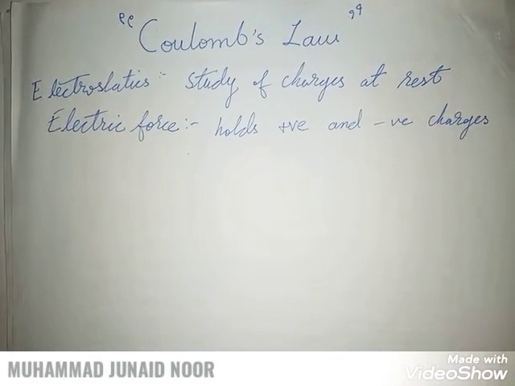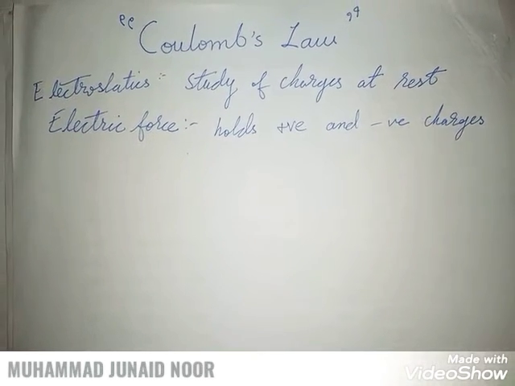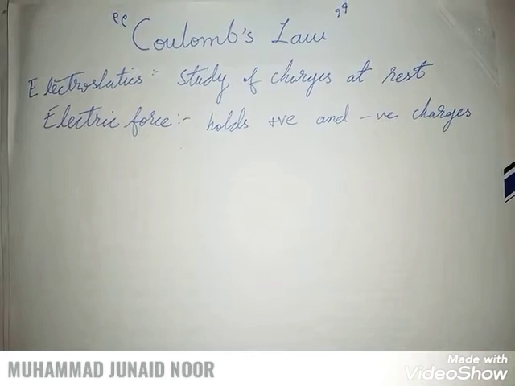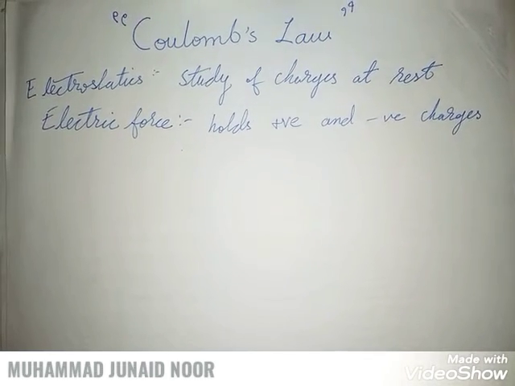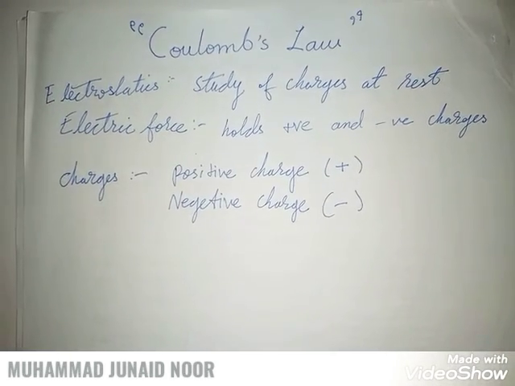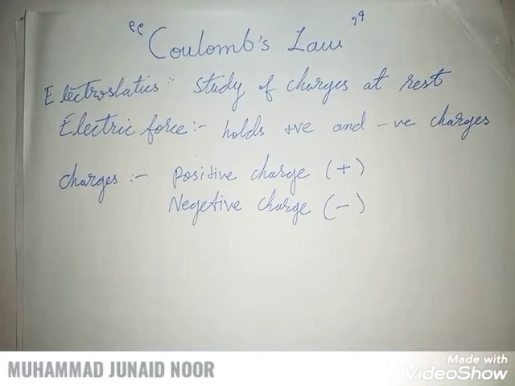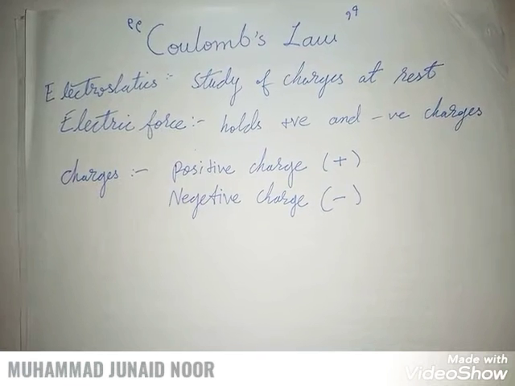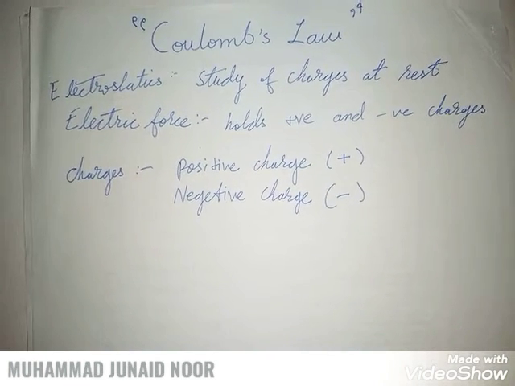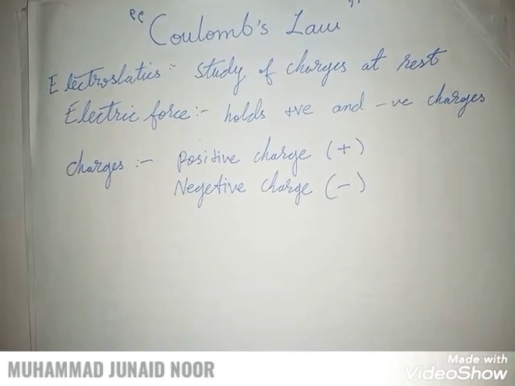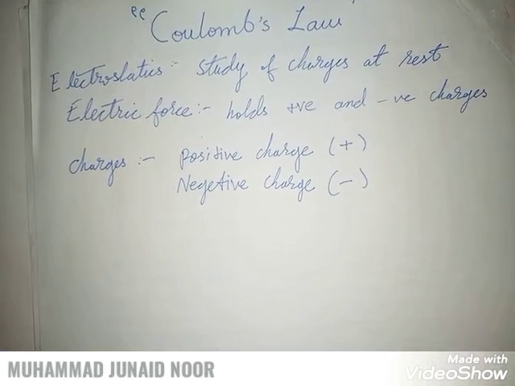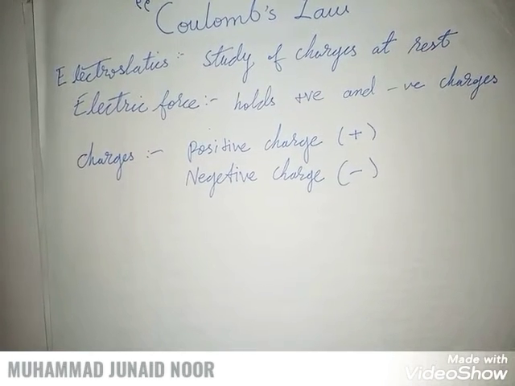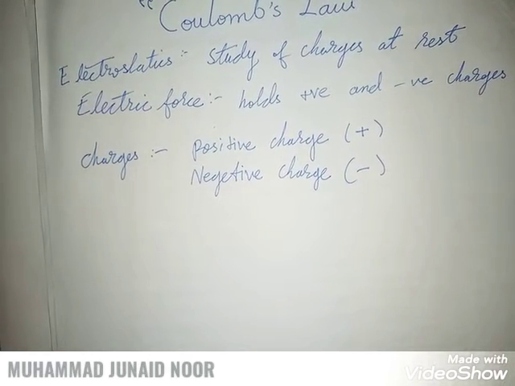As we know, we have two kinds of charges. The first one is the positive charge, the other one is the negative charge. So we have only two kinds of charges. We use the negative charge for the electron, and we use the positive charge for the proton.